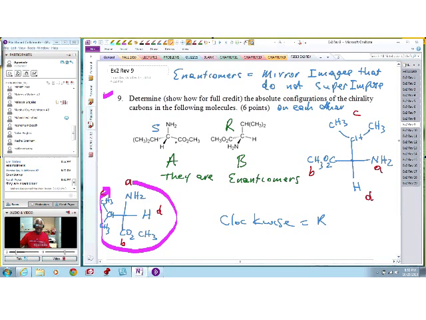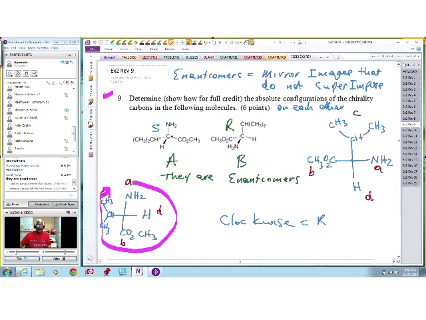Now, if you look at the way we draw these molecules here, you will say you don't see that they are mirror images. Yes, they are mirror images. It's just the way we draw them that looks different. But if you do the absolute configuration, you see this is R and this is S.